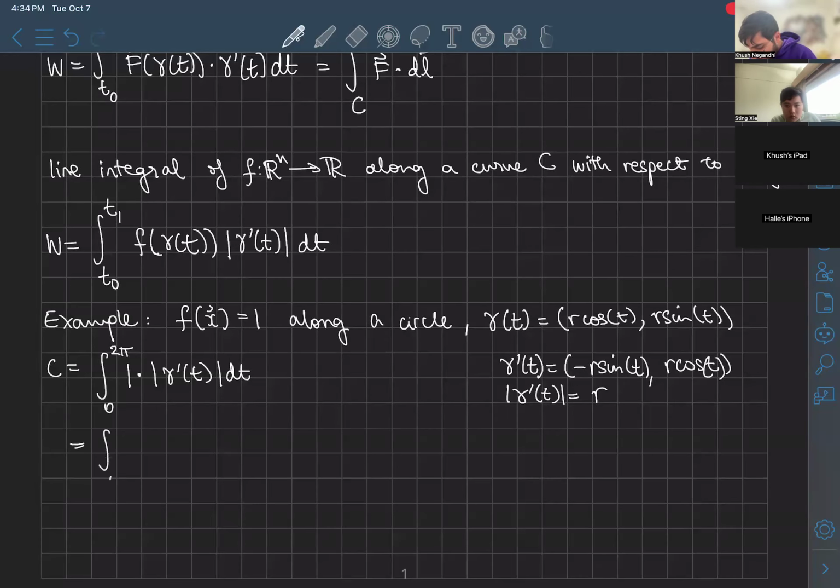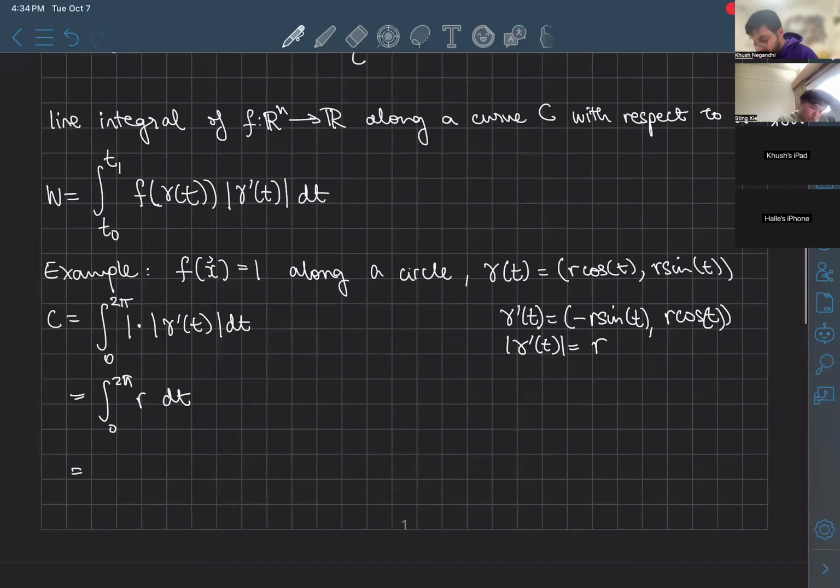So I'm integrating from 0 to 2 pi the function r dt. But this integral is easy. This is just 2 pi r. So we do recover the circumference of a circle if we think of integration like this, right? If we think of integration along a circle.